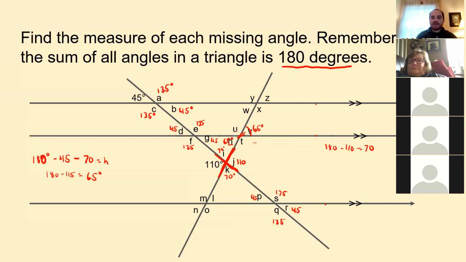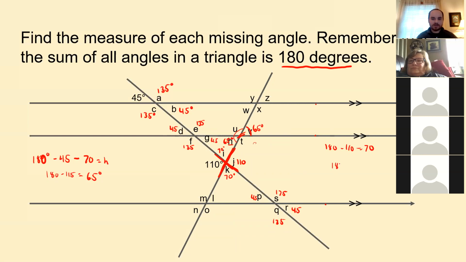What about the relationship between H and U? Complementary, supplementary, or vertical? Correct, Pamela. Correct, Todd. So these two, again, since they form a straight line when we combine them, they are supplementary.